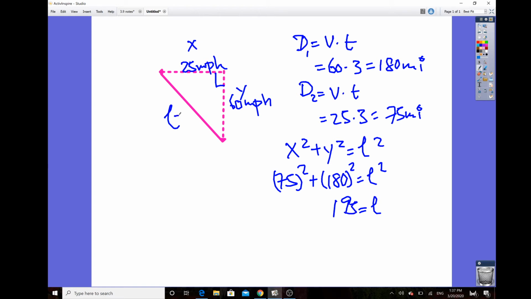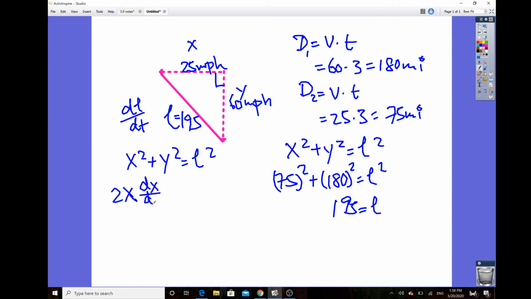So that's the distance. But the thing is that we need to find the rate of change of the distance between these two cars. So again, we're going to use the Pythagorean Theorem one more time. This time we're going to use it for the derivative. So derivative of x squared, 2x. Again, we want to take the derivative of the equation implicitly. So 2x times dx over dt.